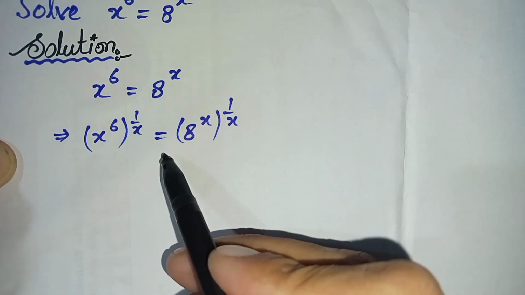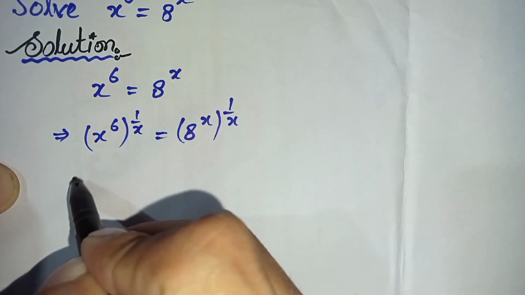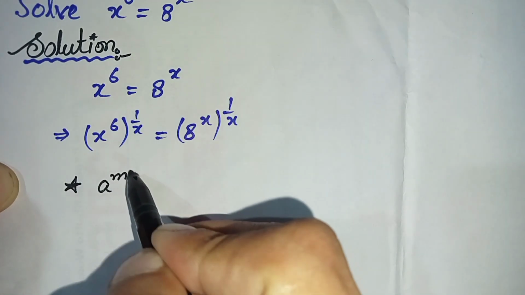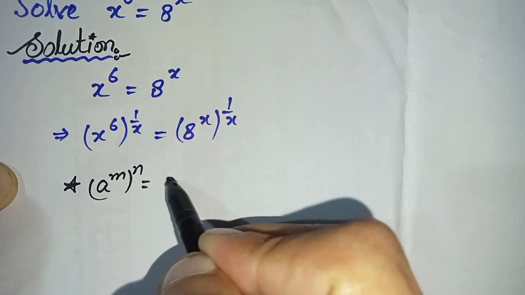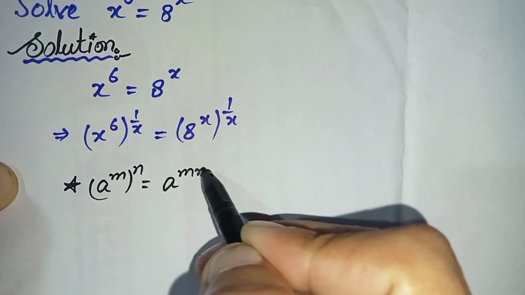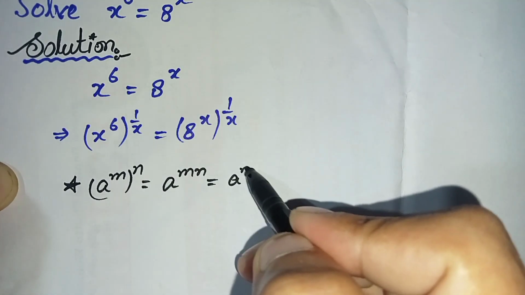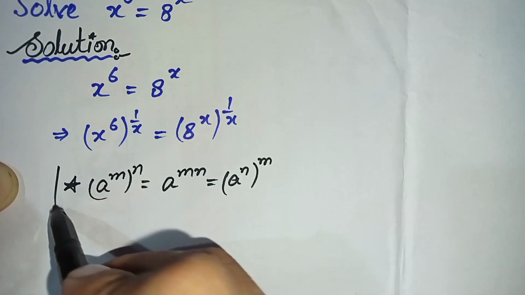Now here on both sides we will use an exponential formula, that is a raised to power m whole raised to power n is equal to a raised to power m n, which is also equal to a raised to power n whole raised to power m.